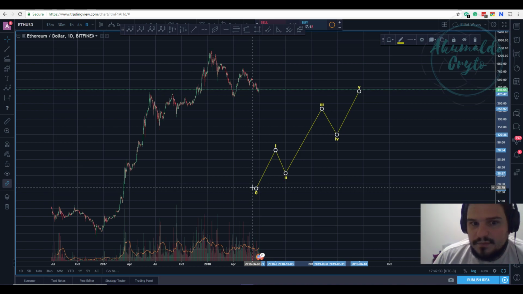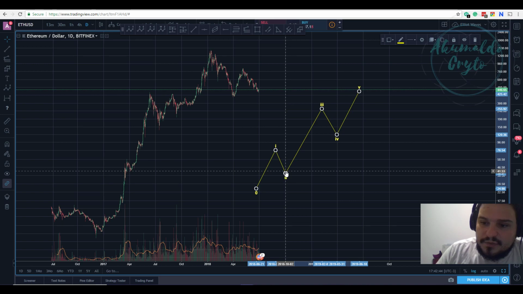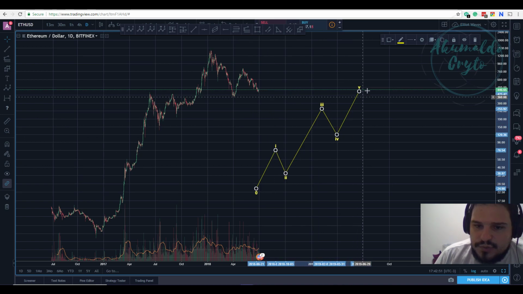That's one of the tools to make our perception of the charts better. It's one of the tools that you should add to your toolbox, Elliott waves. So here we have 1, 2, 3, 4, 5.